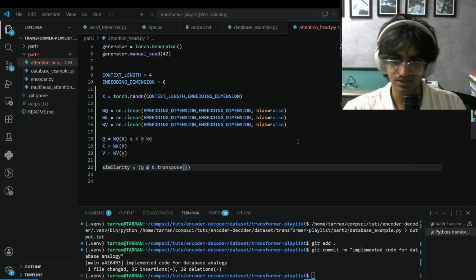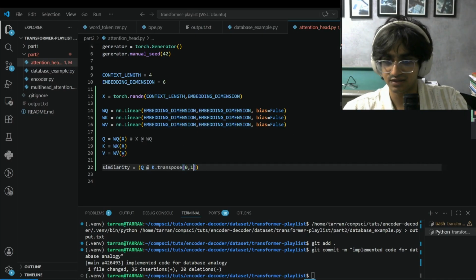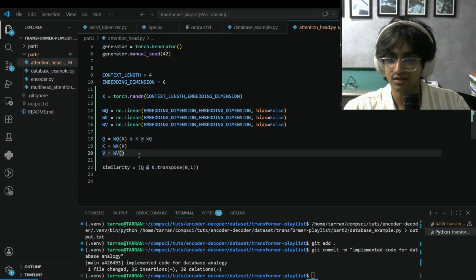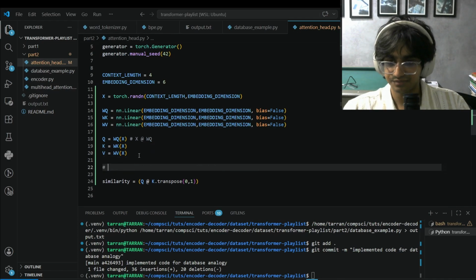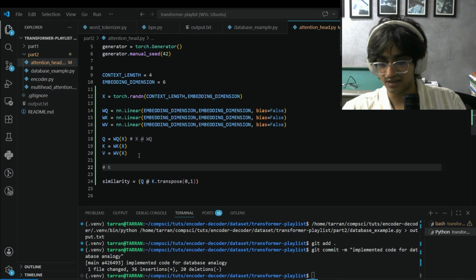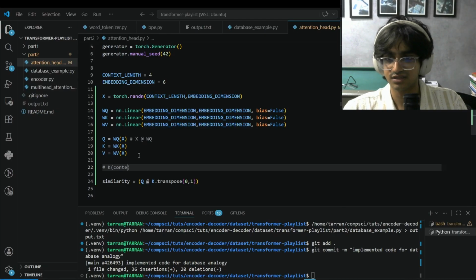And what are the dimensions that we're swapping? Since this is zero indexing, we have to swap the first and the second dimension. So we know that, sorry, this is not V, this is X. We know that K's shape is context length and your embedding dimension.